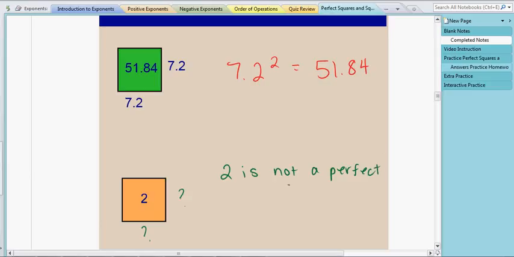When a number is not a perfect square, the most exact way to refer to that number is with a square root symbol. So we're just going to say that each side has a length square root of 2. And that's a lot more exact than finding what the square root of 2 is to figure out the length of each side.